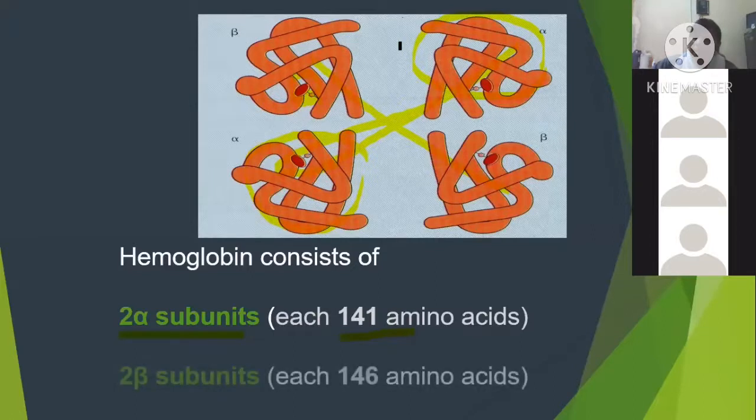Then coming to the beta chain, the beta subunit, each has 146 amino acid residues. So alpha is with 141 amino acids and the beta is with 146 amino acids. Now what is the total number of amino acids there? You have to count it as 141 into 2, then 146 into 2, then add both of them, right? That is the number of amino acids present in the hemoglobin, because hemoglobin contains all these four polypeptide chains.